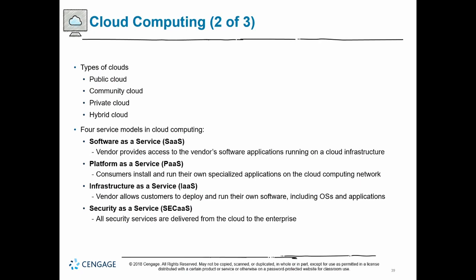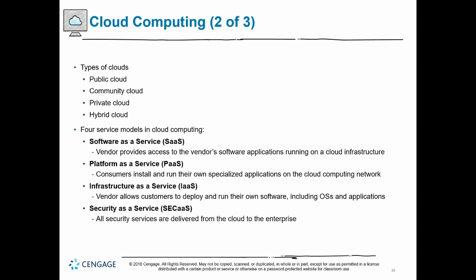Essentially, in a SaaS solution, the vendor is providing the infrastructure, the hardware, and the maintenance of the application, and the company is just using that software as a service.